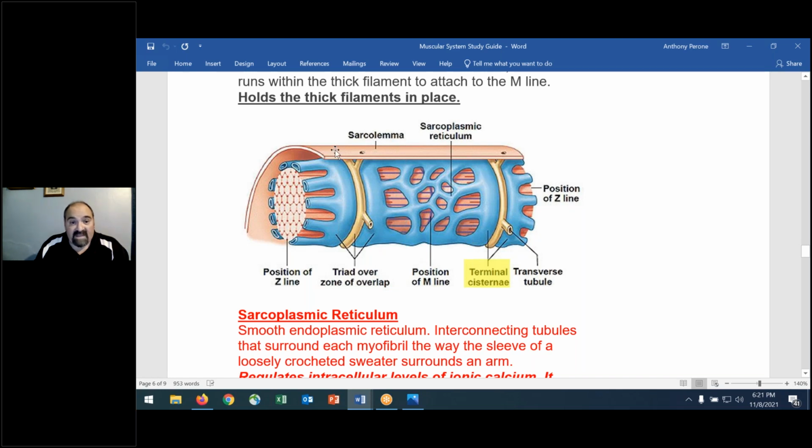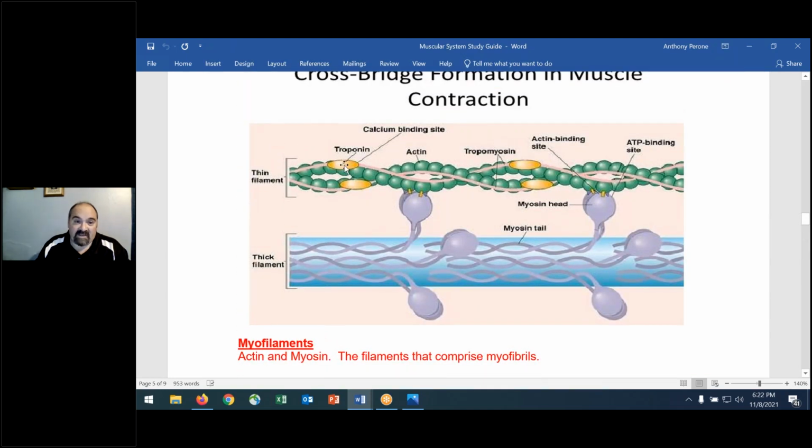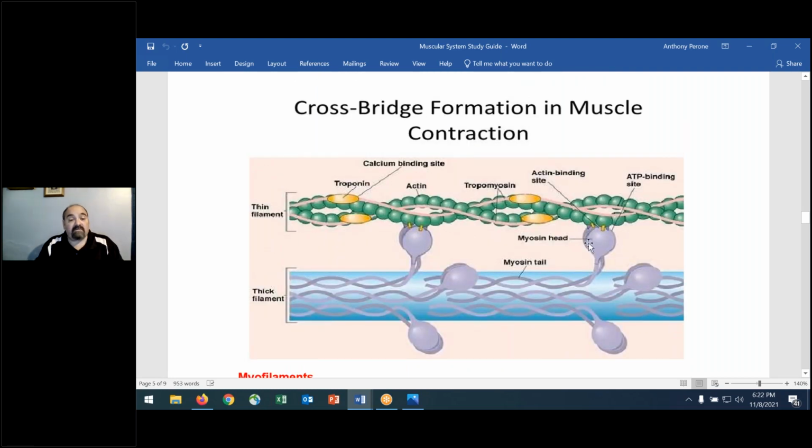Once the action potential travels along the sarcolemma and down the T-tubule, then on the terminal cisternae of the sarcoplasmic reticulum there are voltage-gated proteins that will change shape and open in response to the action potential. As a result, they'll release what? Calcium. Once they release the calcium, that interacts with the troponin, allowing myosin binding sites to be exposed, allowing for cross-bridge formation and contraction.